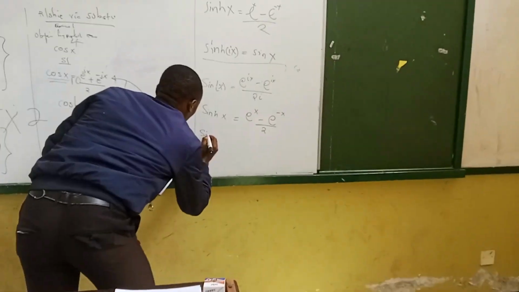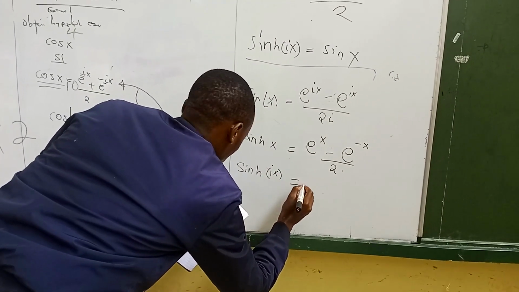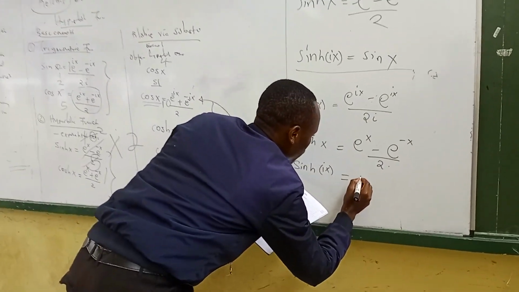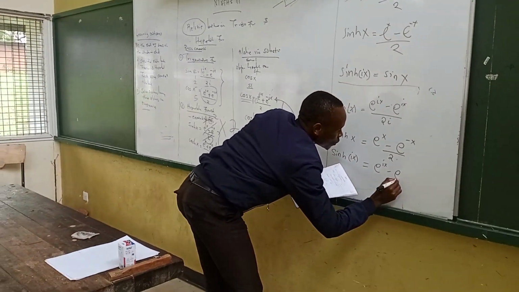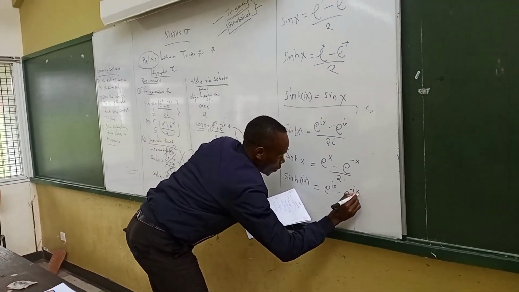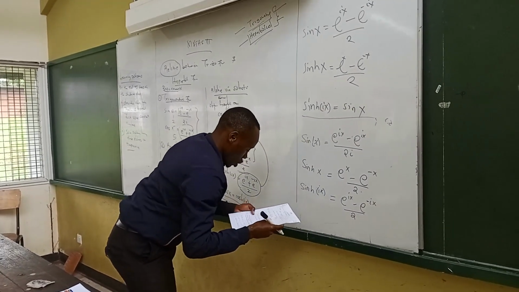So now the sin of ix is exponential minus ix minus exponential ix all over 2.